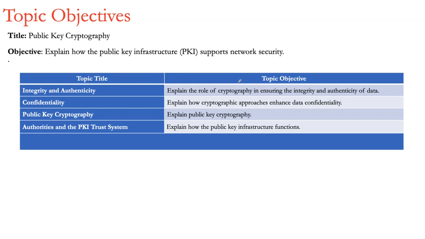First and foremost, public key cryptography is used to provide the CIA: confidentiality, integrity, and authenticity. These three properties make sure that data sent from source to destination is securely transferred through the network.